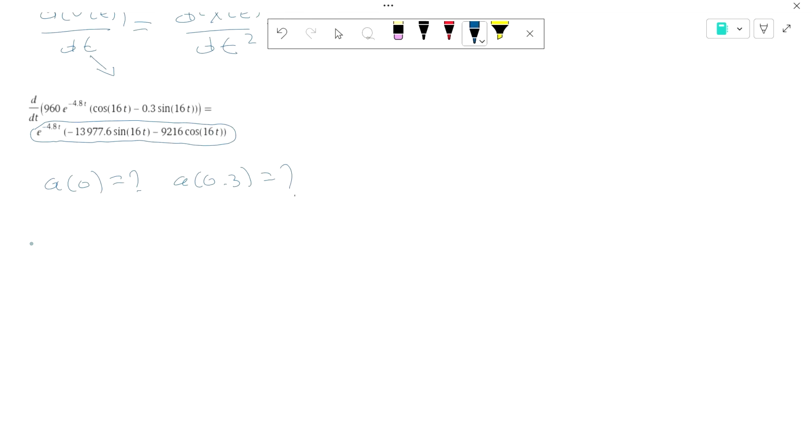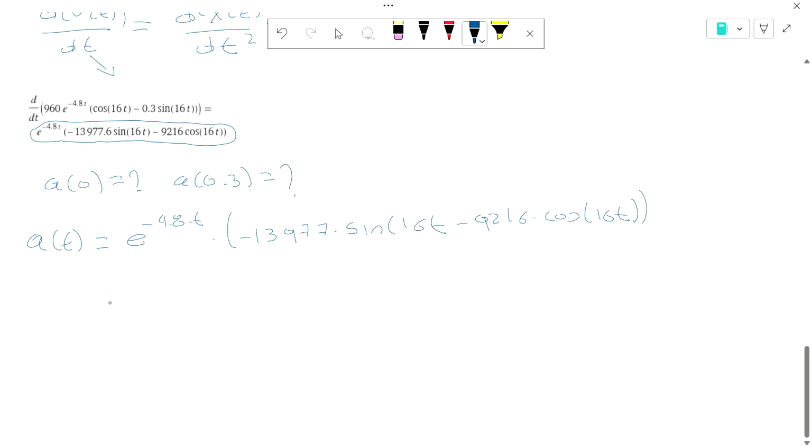Let me write it down because we want to do it similarly: e to the negative 4.8 times t, times negative 13,977 times sine of 16t minus 9216 cosine of 16t.